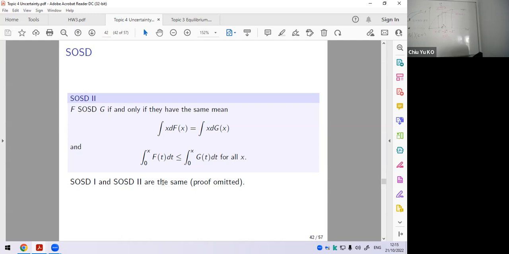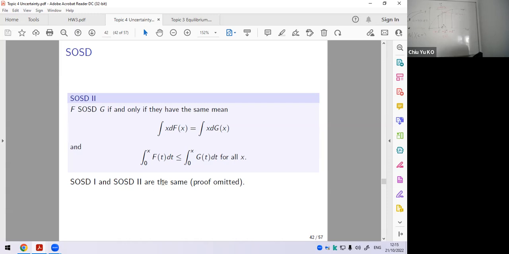This actually implies SOSD. Of course, we have the same expected X. Usually you have the same mean under F, and the variance is smaller than G, then this is SOSD. That is also what we call mean preserving spread.